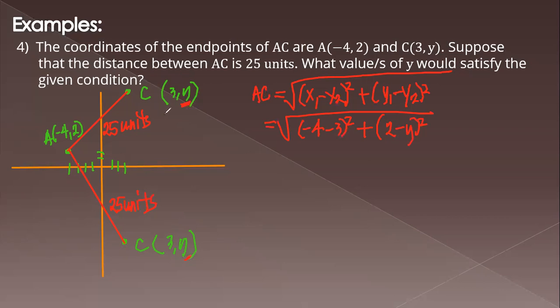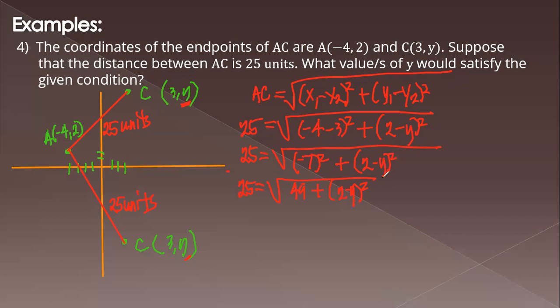So our AC is 25 units. So 25 is equal to the square root of negative 4 minus 3, that is negative 7 squared, plus we have here 2 minus y squared. Okay, we can now square negative 7, so we have 25 is equal to the square root of 49 plus 2 minus y squared.